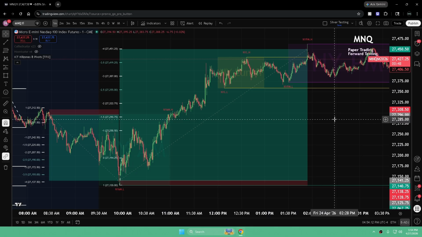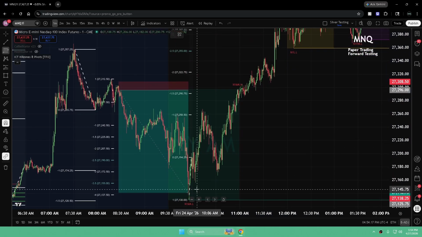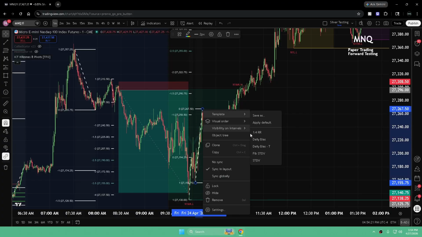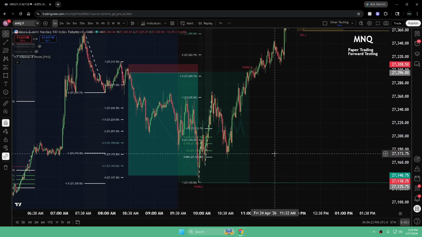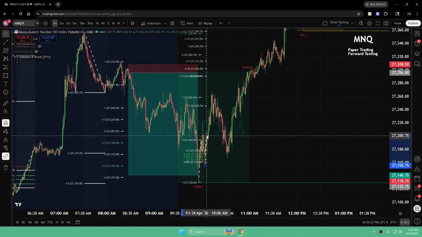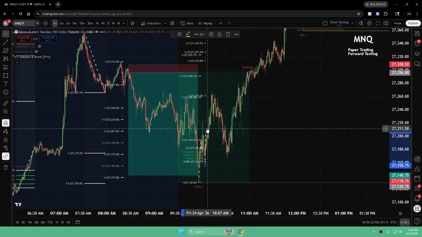Besides that, you could have got in here on this trade off the OTE of this leg, right? And you could have got in longs. Actually, this leg would be better. This wick to this wick, and you got in off here, right?